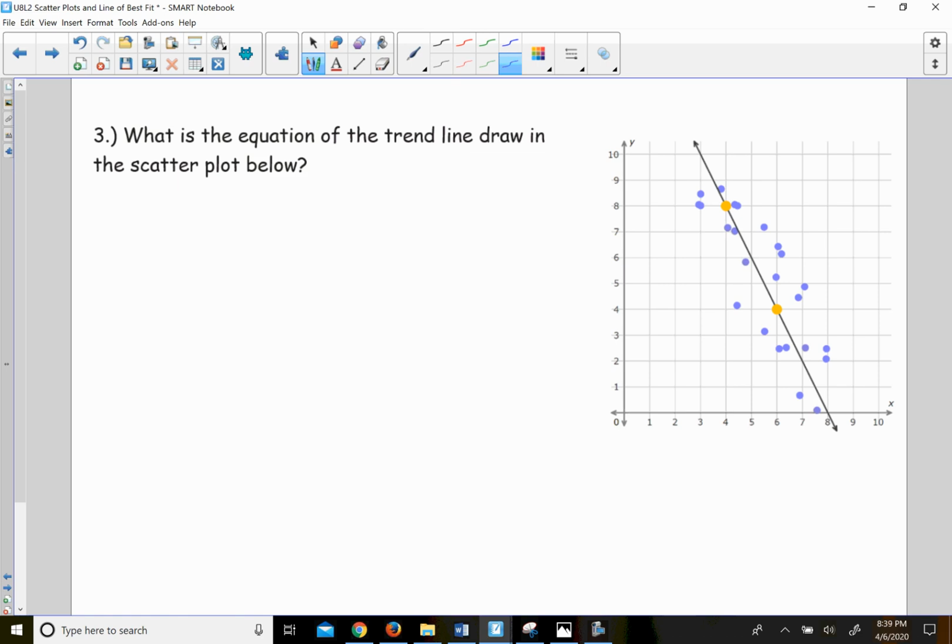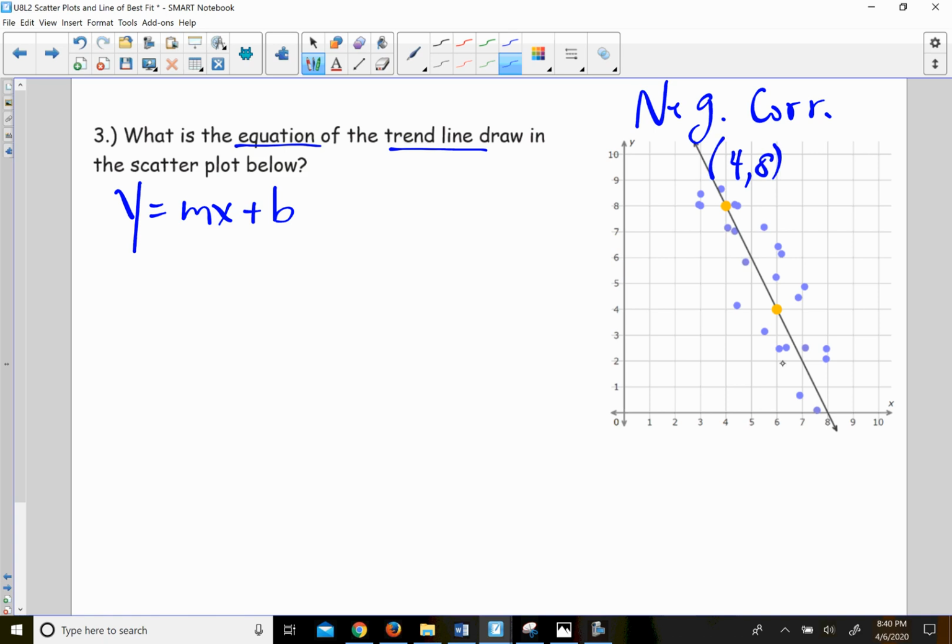All right, so what's the equation of the trend line? Well, what is this trend? Positive, negative, or no correlation? Yep, if you said no correlation, you are correct. So equations are y equals mx plus b. My slope, let's see, I'm going to use 4, 8. And I'm going to use 6, 4.